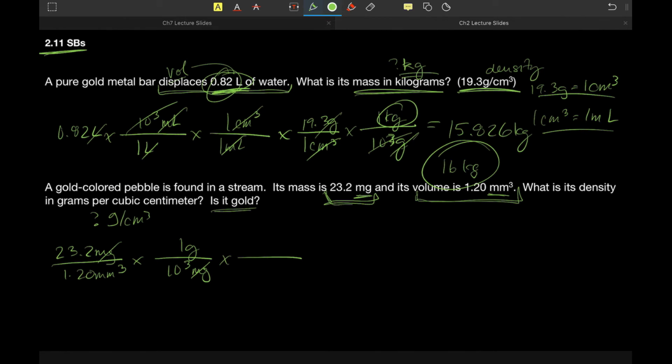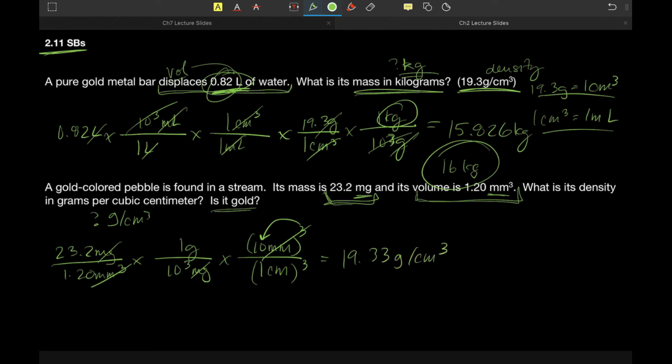I know that there are 10 millimeters for every 1 centimeter. But I'm talking about 3 dimensions, so I'll cube all of that, which then means my millimeters cubed cancels. I just have to remember to apply that 3 there. And now I will be in the right unit. And we're going to get 19.33 repeating.